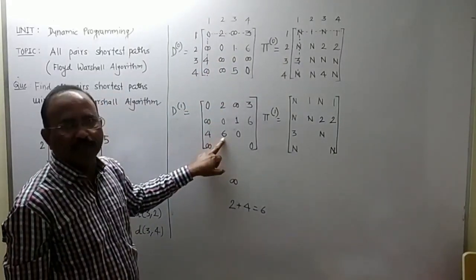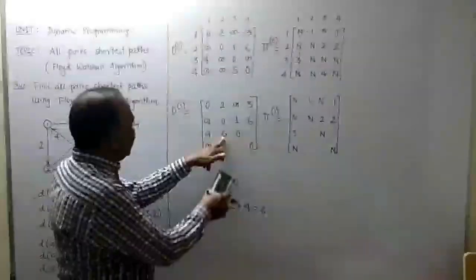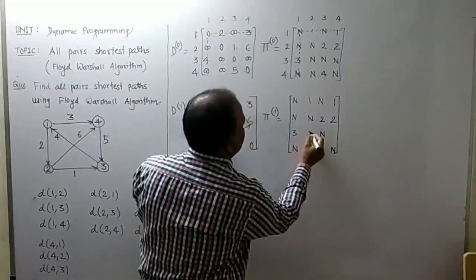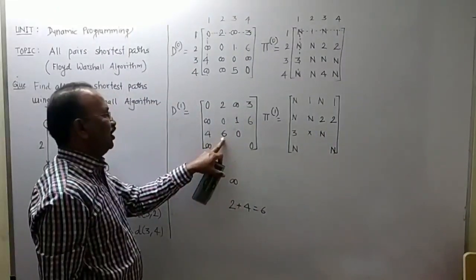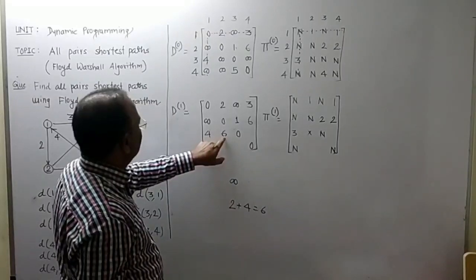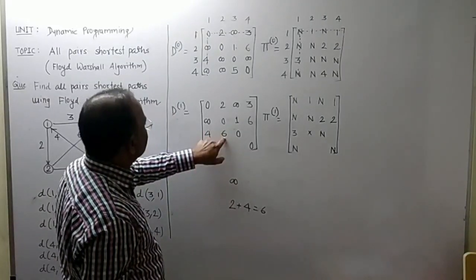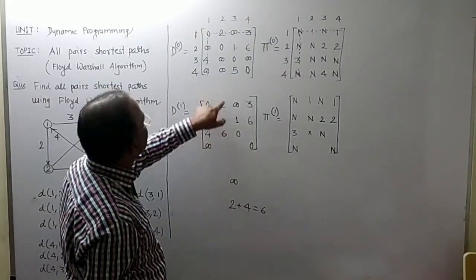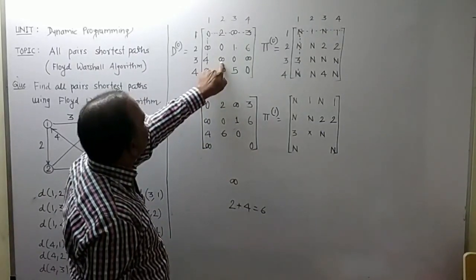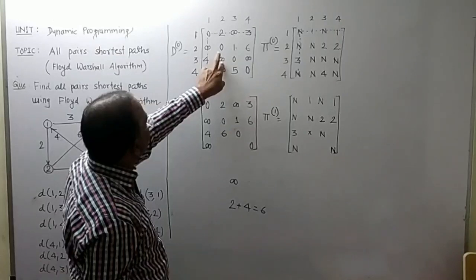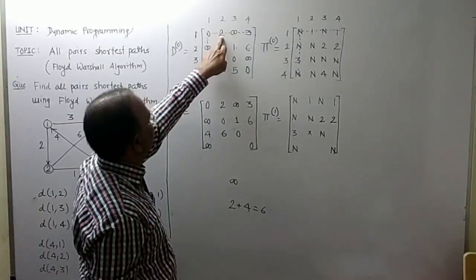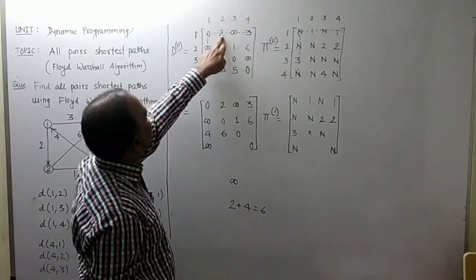It is changed. Now if in the D1 the value is changed, there will be a change in pi 1. Here will be the change. Let us see what value will come here. See here. Now we have traced the same place in D0. Then we travel upside to touch the horizontal line. Now here is the 2.